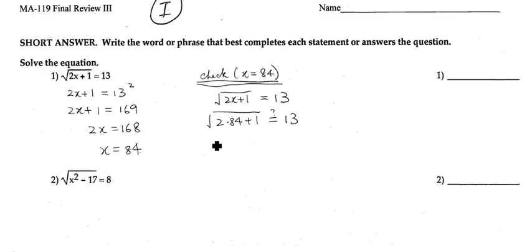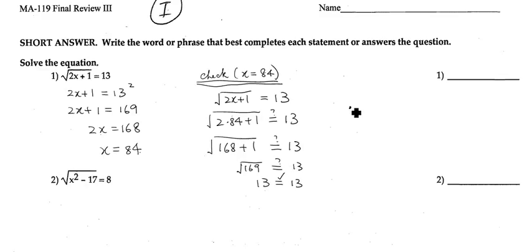So you got the radical 168 plus 1. Is that equal to the right-hand side? And then you got the radical 169. And finally, the left side is 13 and the right side is also 13. So you give it a check.